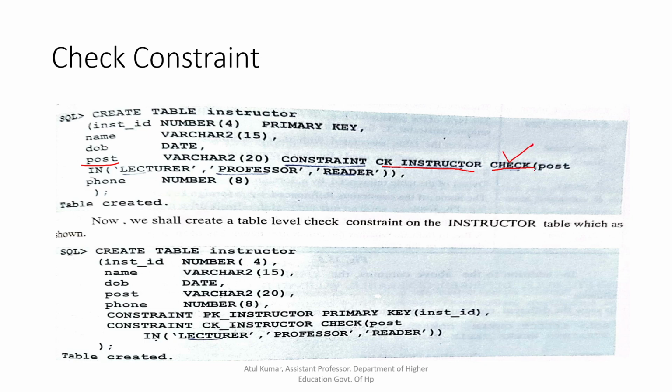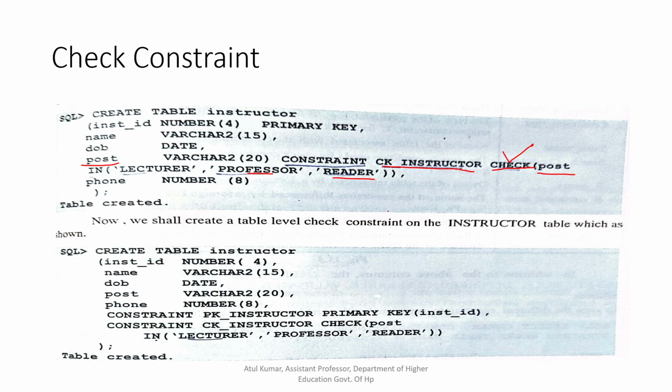We have to write check, and in brackets we write the column post in lecturer, professor and reader. Basically, when we insert values in this table instructor, the values must be either lecturer or professor or reader. If we add another value rather than these three, then it will create an error.